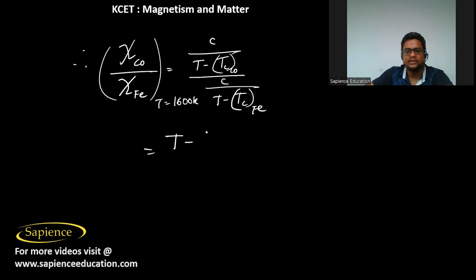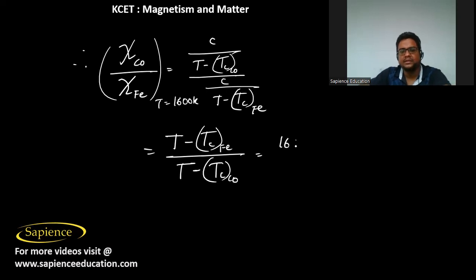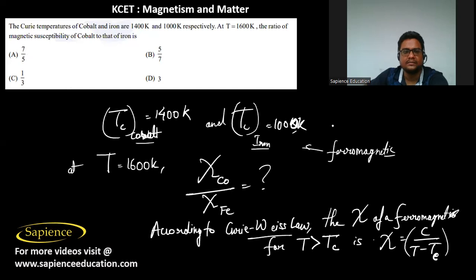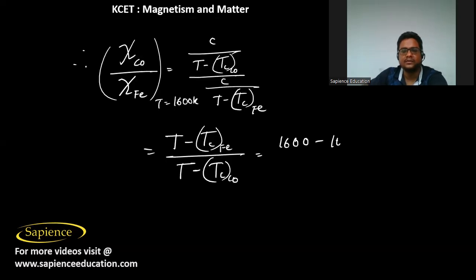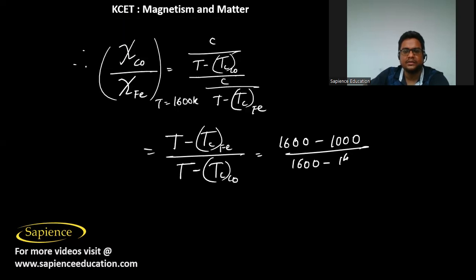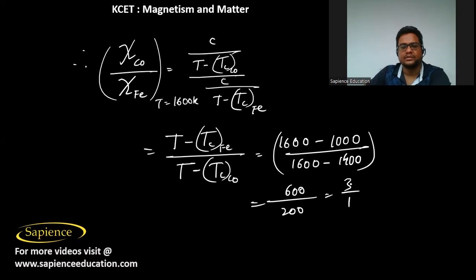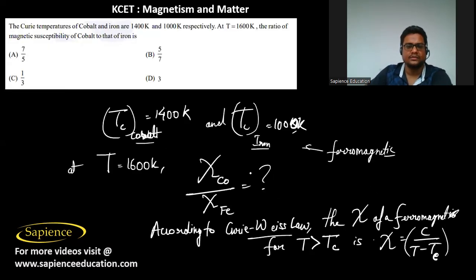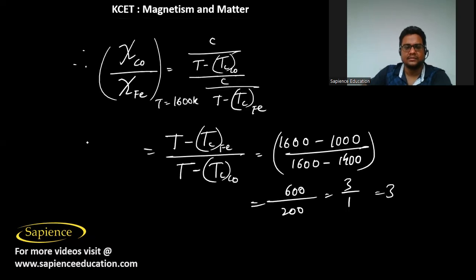So this will be T minus Tc for iron, that is 1600 minus 1000 Kelvin, divided by 1600 minus the Curie temperature for cobalt, 1400 Kelvin. So this will be 600 divided by 200, which is 3. The ratio is 3. So option D is the correct answer.